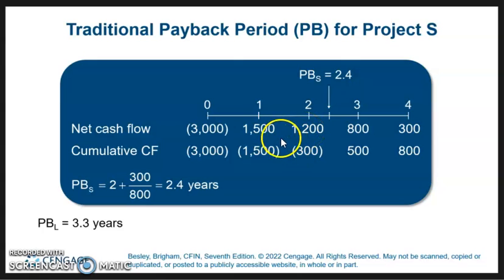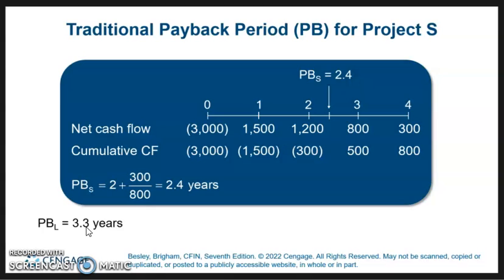Then we recover $1,200 in the second year. That leaves $300. So we have 2 years until the final year, where we take this $300 and divide it by the $800. So 2 years plus $300 divided by $800 is 2.4 years. Now the payback period for L would be 3.3 years.